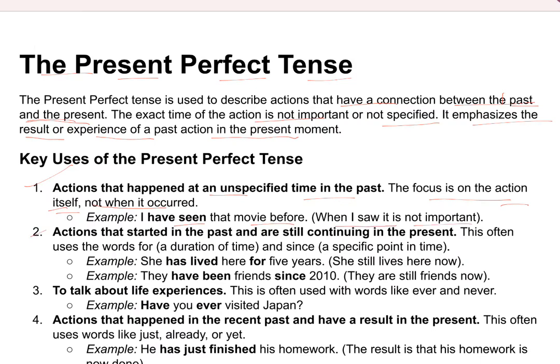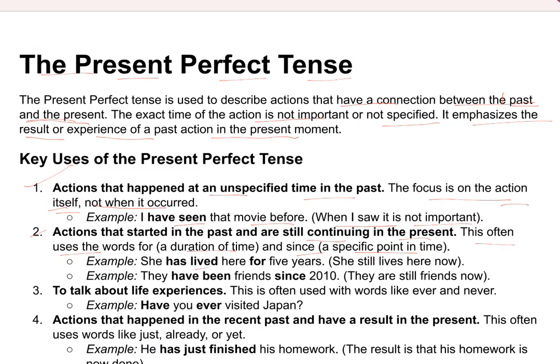Okay. Now, second use, actions that started in the past and are still continuing in the present. This often uses the words for, a duration of time, and since, a specific point in time.